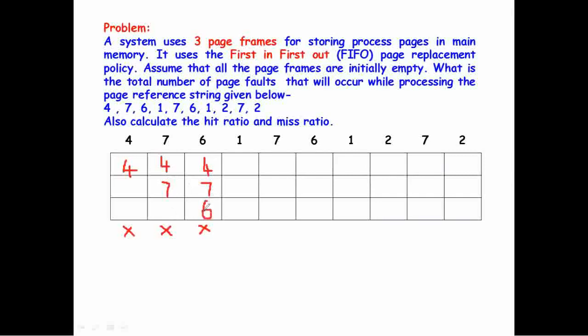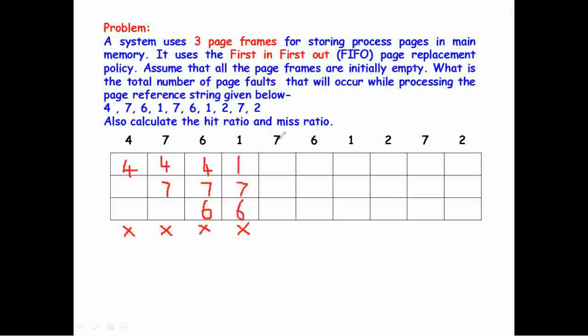Now 6 will be brought into the third empty frame. 1 is not available, so a page fault occurs. When 1 has to be brought in, the oldest page must be replaced. So the oldest page is 4, so 4 will be replaced. So now 1 comes at the place of 4.